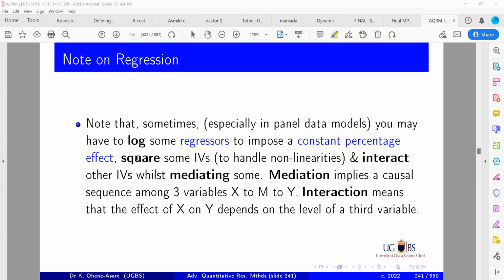Okay. Some variables, you have to take their squares. Let's talk about a variable that is called size. Size is sometimes measured by the total asset of a company. Now, as the size of a company grows, the idea is that it affects the profit margin of the company.